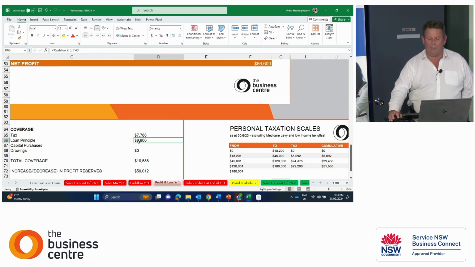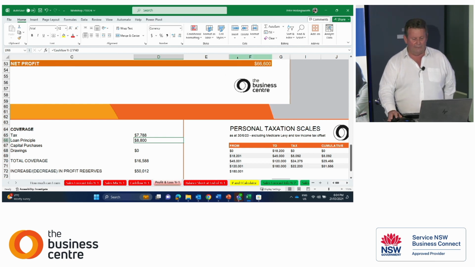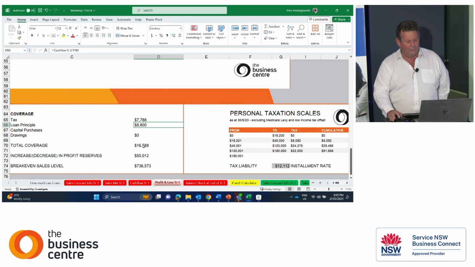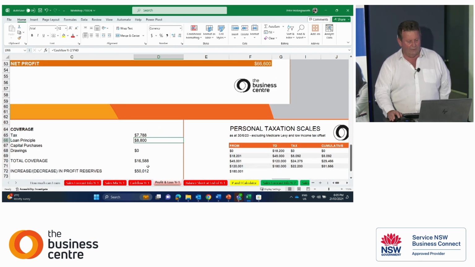We've repaid part of the loan, so that comes out of that 66. And had we taken any drawings or purchased items of capital, they would have been included in that as well. So overall, of that 66,000, there's 16,000 probably plus the next little bit of tax. So about 20,000 of that is accounted for. So the true money left back to the business is somewhat less than that.